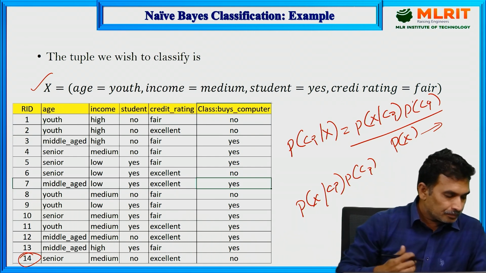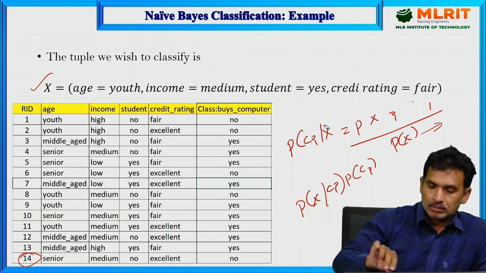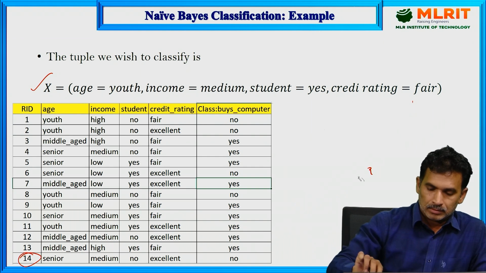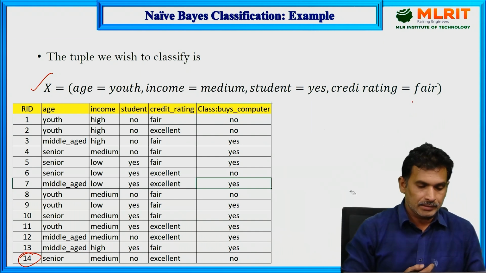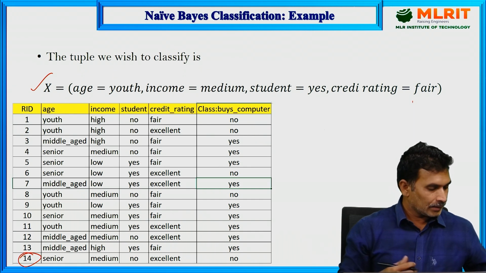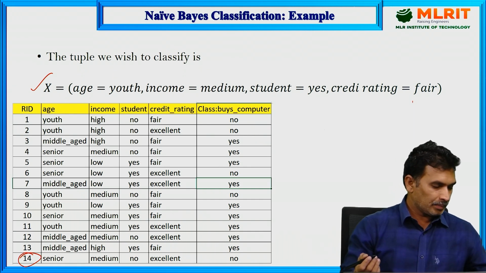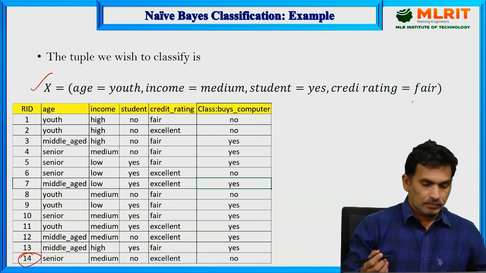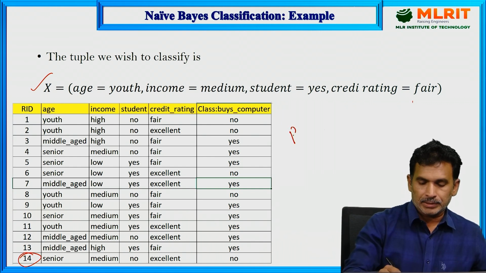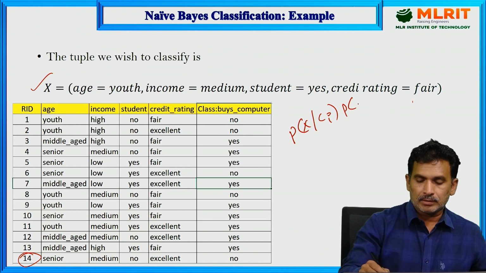Now this same formula we are going to use to calculate the probabilities. It is very easy to understand this problem; I just have to calculate the values. As I said, we need to maximize probability of x given Ci and probability of Ci.